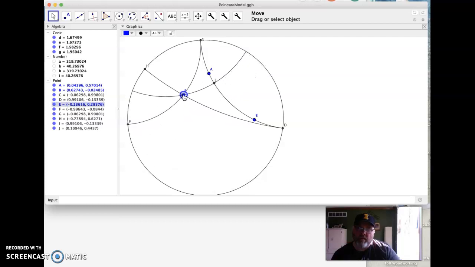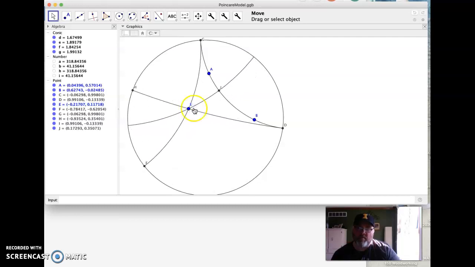So let's see. If I drop a perpendicular to a line through a point, then I construct these, what do they call those things again? The limiting parallel rays. That perpendicular will be the bisector of that angle that it's made.